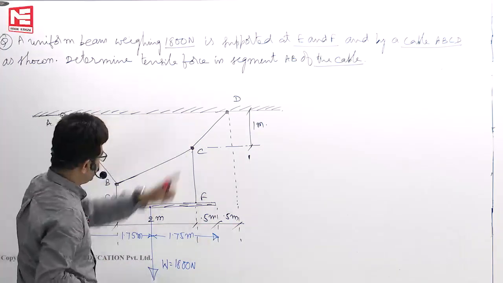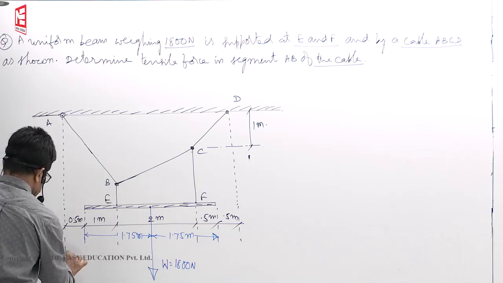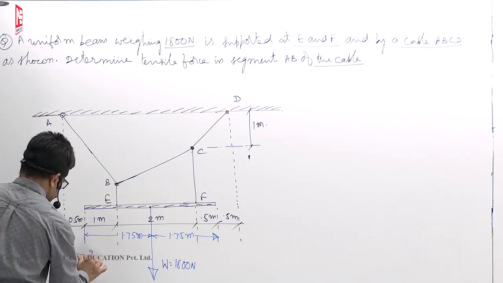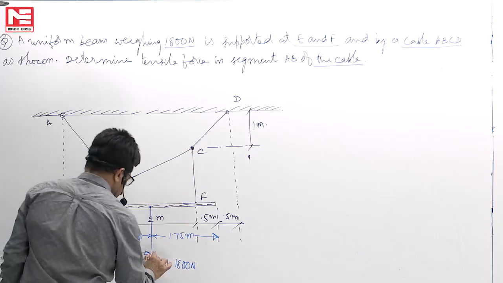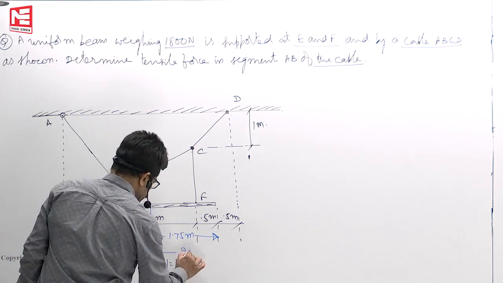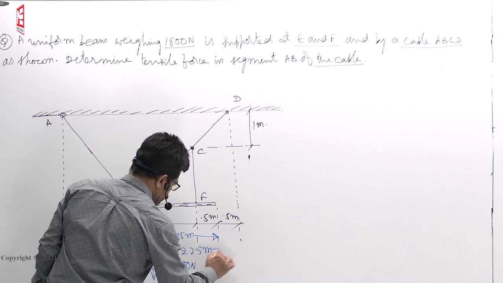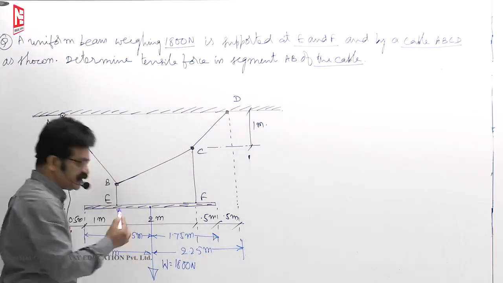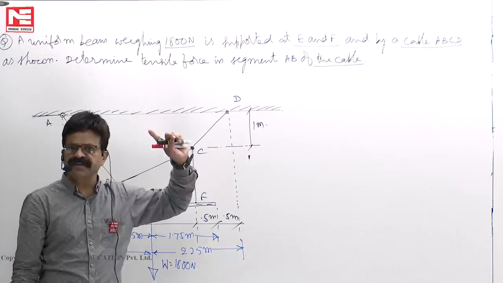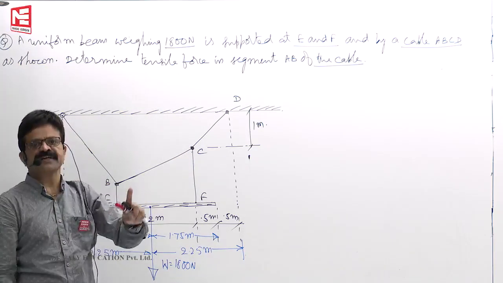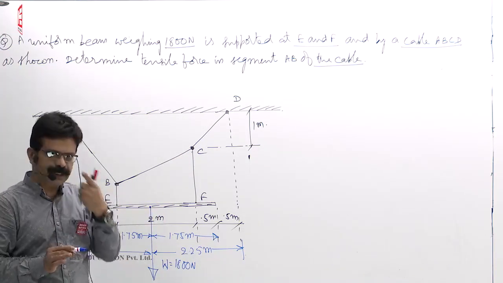That means A to D total length, from here to here: 1.75 plus 0.5, you will get 2.25 meters. And this is also 2.25 meters. So total length is 4.5 meters. And whether this structure is symmetrical or not, if loading is symmetrical, supports will share the load equally.